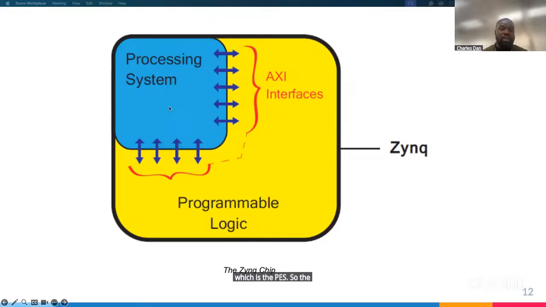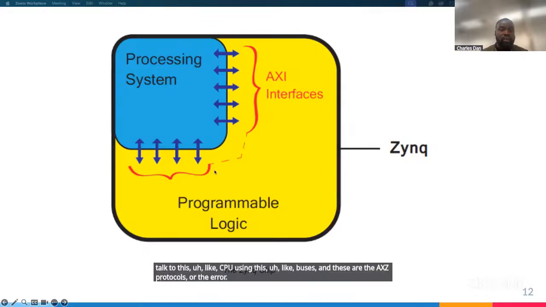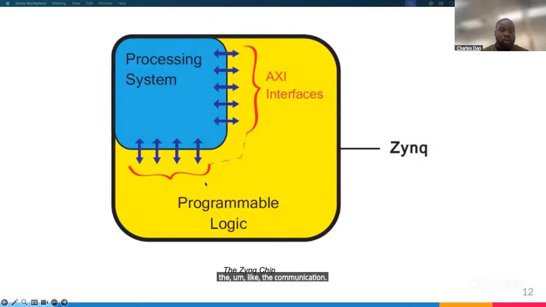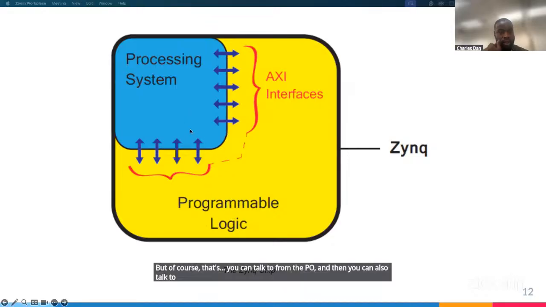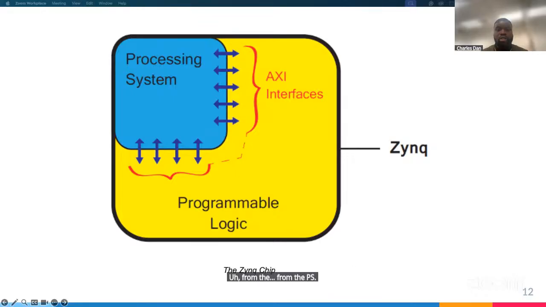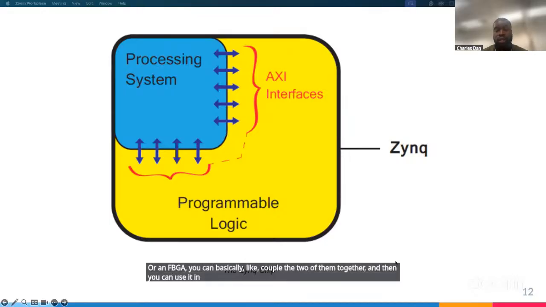The PS is more or less a CPU. You can talk to this CPU using buses, and these are the AXI protocols, the communication protocols you can use from the PL, and also from the PS. So instead of choosing either a processing system or an FPGA, you can couple the two of them together and use it in your project.